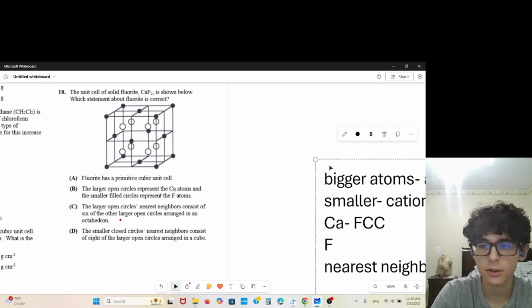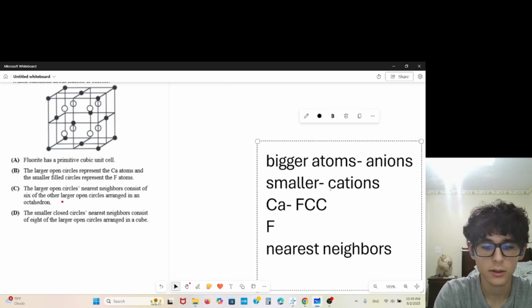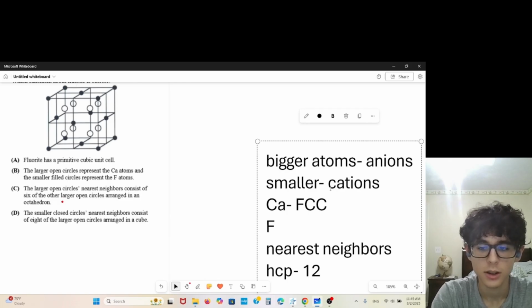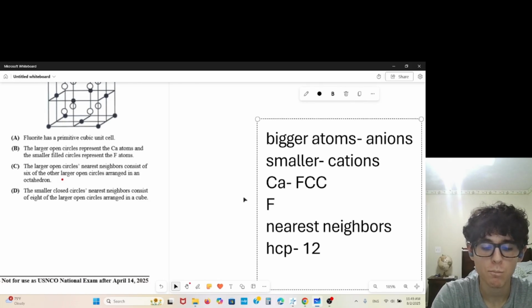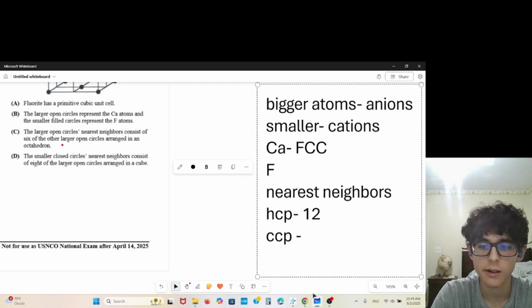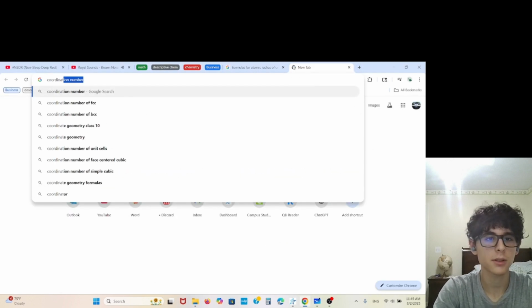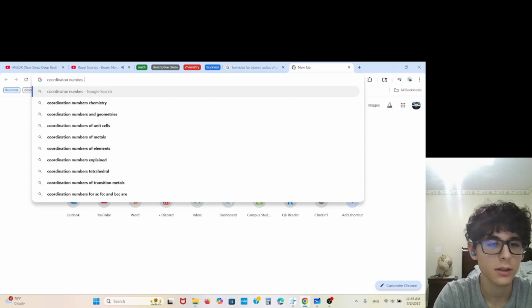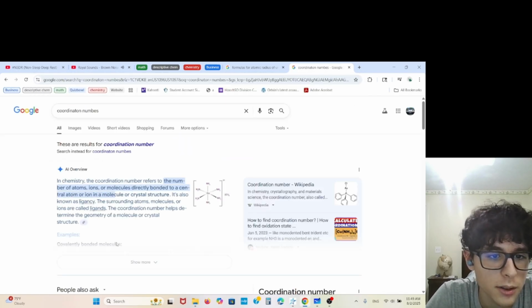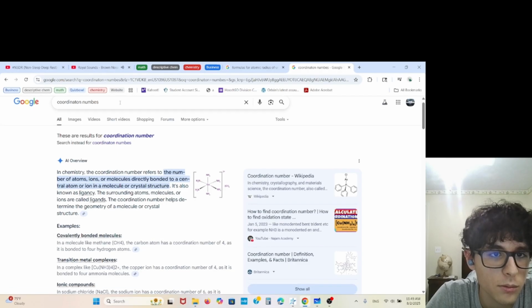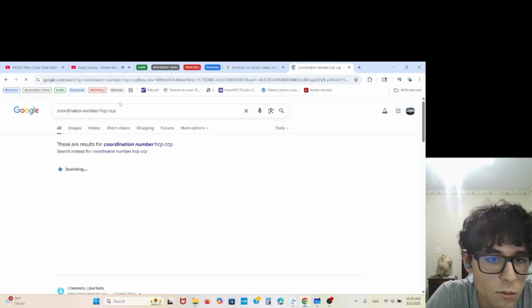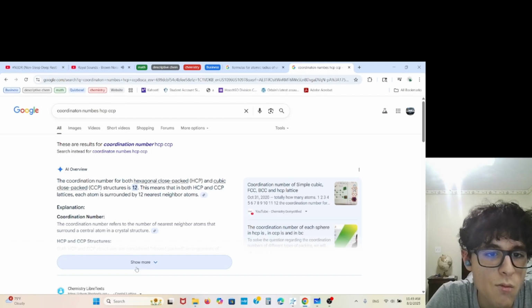So for hexagonal close packed, this is 12. Cubic close packed, I believe it's also 12. Coordination numbers. Let's see. So they're both 12.